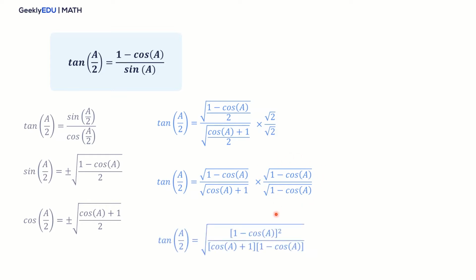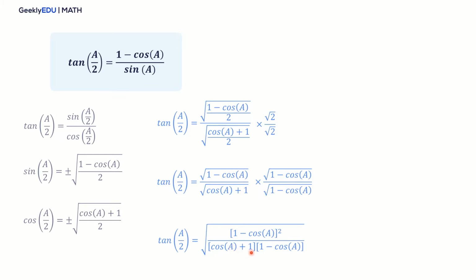When we do it, we have this big expression here, which is the top part squared, okay, 1 minus cosine of a. And down here we have cosine of a plus 1 times 1 minus cosine of a. And if you pay attention to this, this is the difference of two squares. Imagine that cosine of a is x, okay?